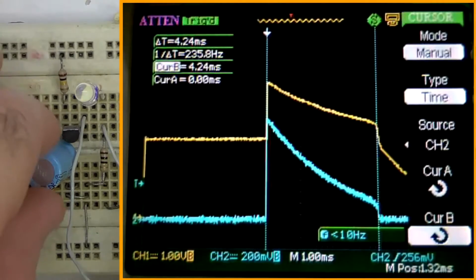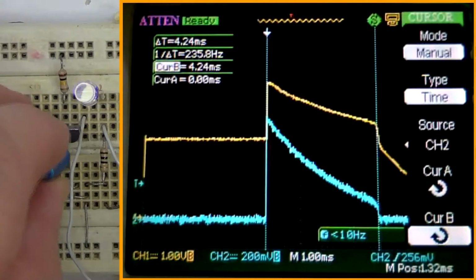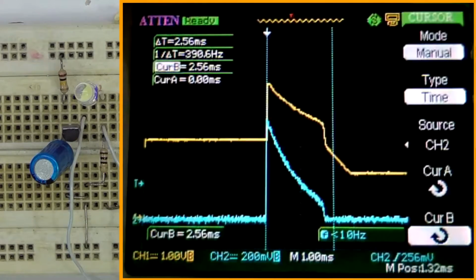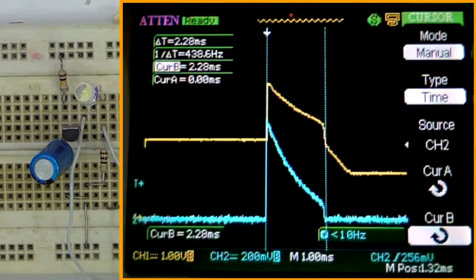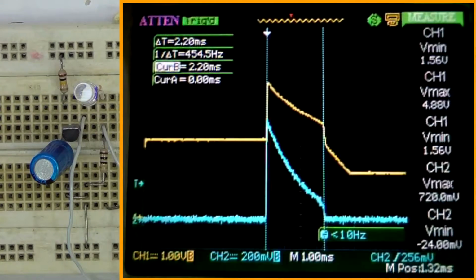And with the 47, we've got 2.2 milliseconds, so the duration of the pulse does increase with the capacitance. But the currents were the same, weren't they?